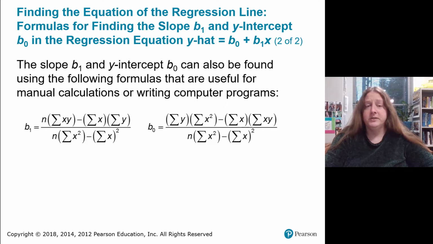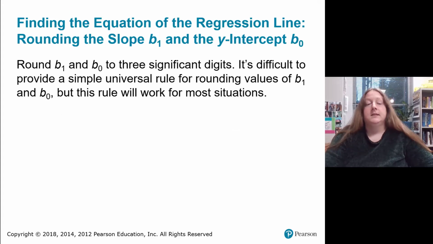And again, if you're using these, just like when we were talking about correlation and finding the r value, I highly recommend you build up a table and find x squared, y squared, and xy, and find the sums of all of your columns so that you can just plug and chug here, all right?